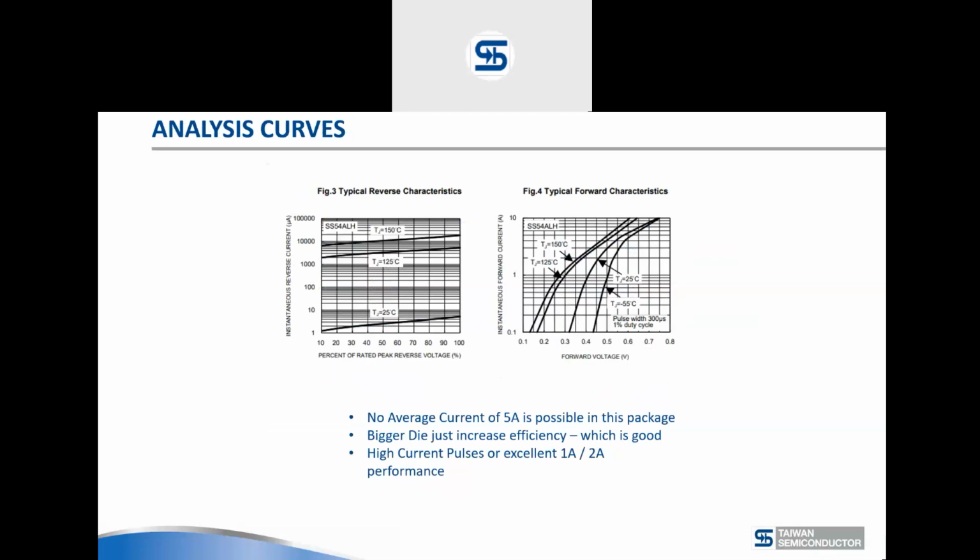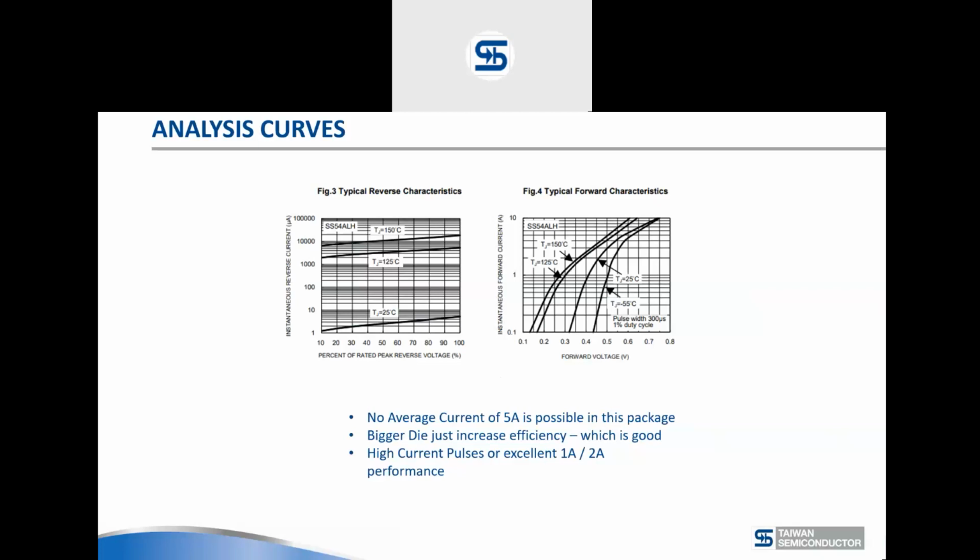So what you actually use these parts for is, if you go to the right hand side, the typical forward characteristics, and you look at the 1 amp and the 2 amp current lines at 125 degrees C, for example, you see they're pretty good. They're just over 300 millivolts, and just close to 400 millivolts for 1 or 2 amps. So those are planar parts that are going to give you very good efficiency.